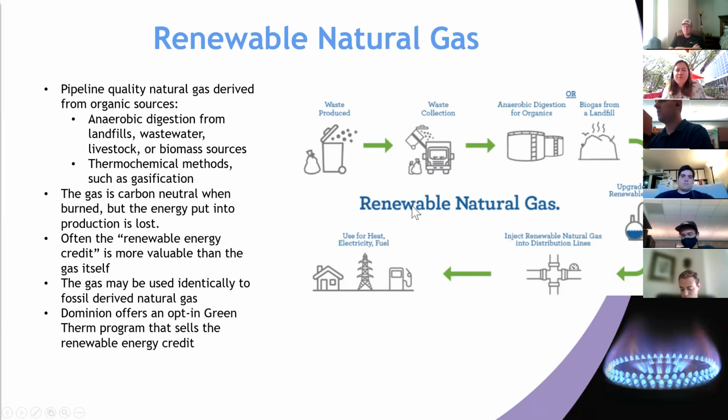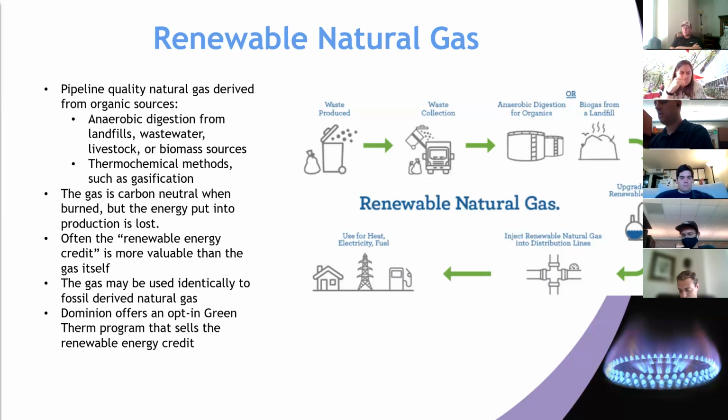So it comes from a renewable source, therefore it's carbon neutral in the sense that the carbon that comes out when you burn it is the exact same as the carbon that went in when it was being produced by whatever bacteria was eating in the digester. A lot of times when you're working with a renewable natural gas project, it's the renewable energy credit that's more valuable than the gas itself.